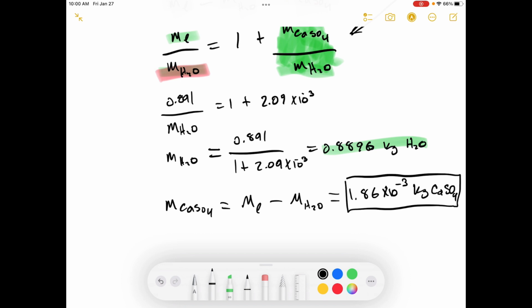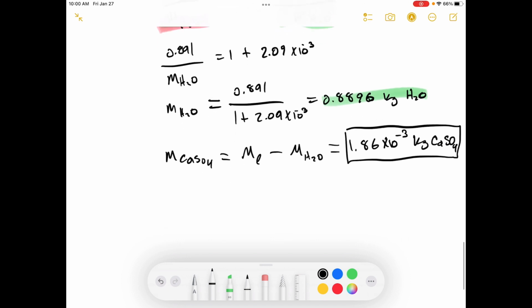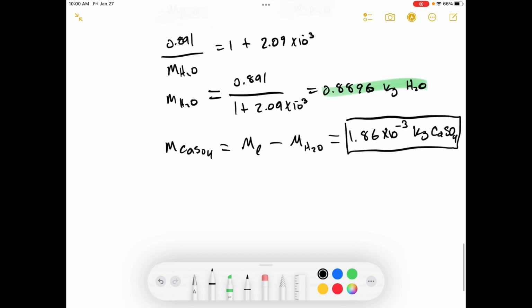Okay, so part C, calculate the percentage recovery of calcium sulfate. That is the percentage of the total calcium sulfate precipitated plus dissolved, leaving the crystallizer, recovered as solid calcium sulfate.